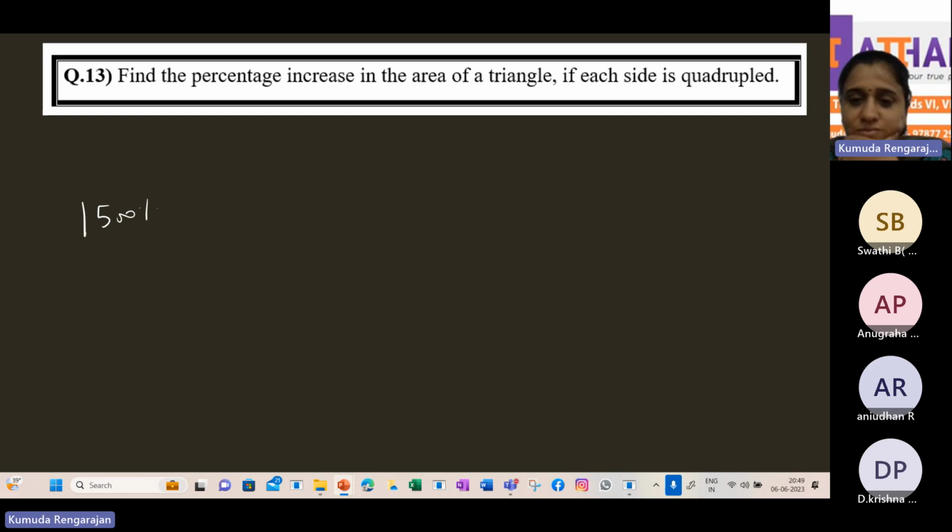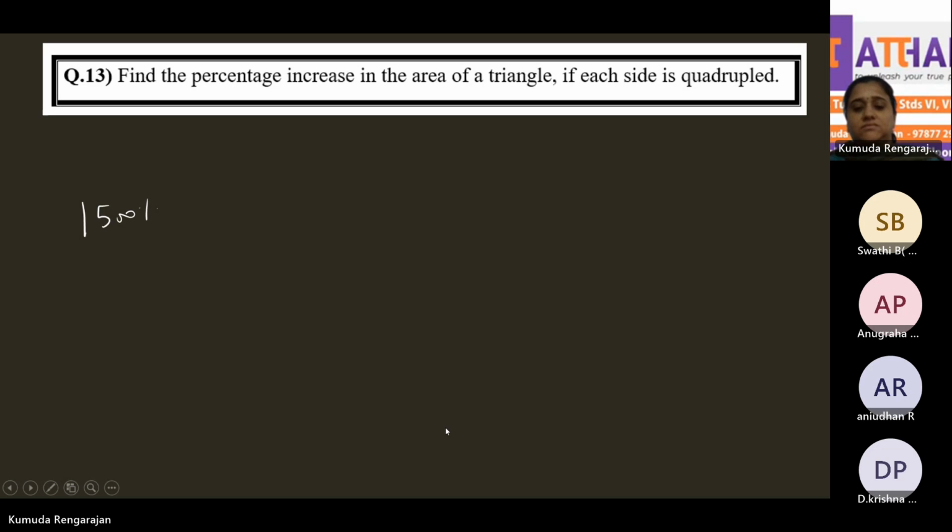1500, Sahana. Come here. S dash be the semi-perimeter. S dash. Let delta dash.